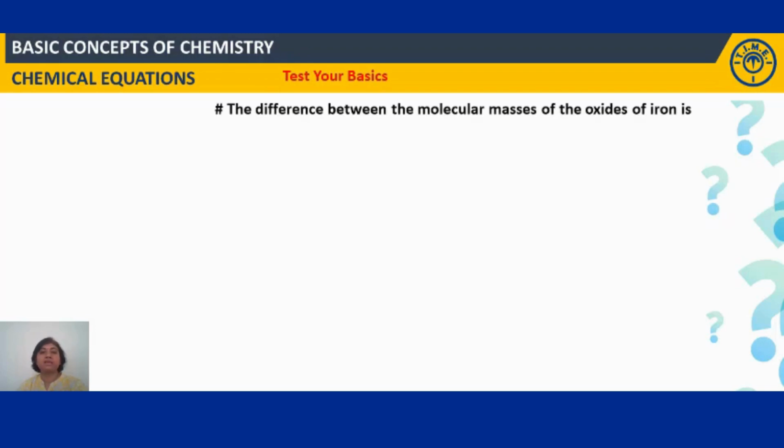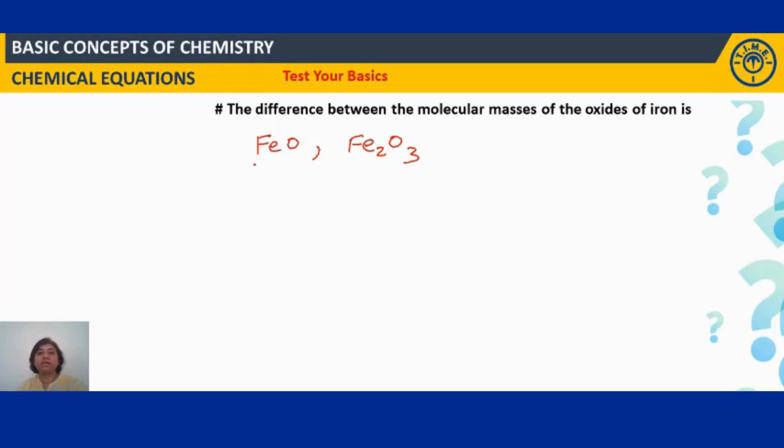Next question is the difference between the molecular mass of the oxides of iron is. Okay. So here we have to work out. First we have to see what are the different oxides of iron. Different oxides of iron are FeO and Fe2O3. Right.